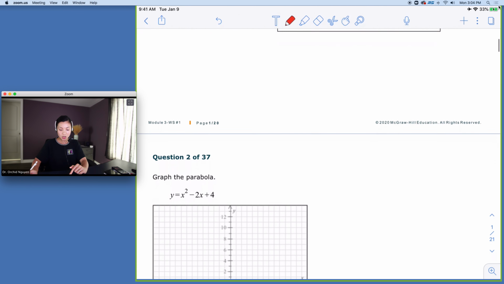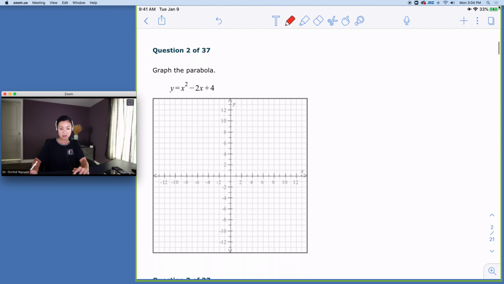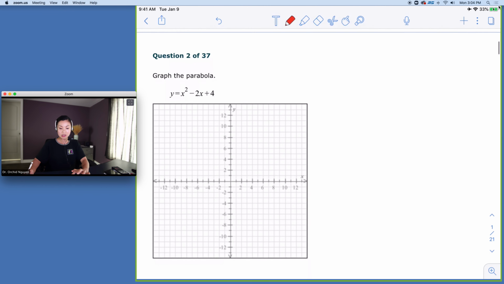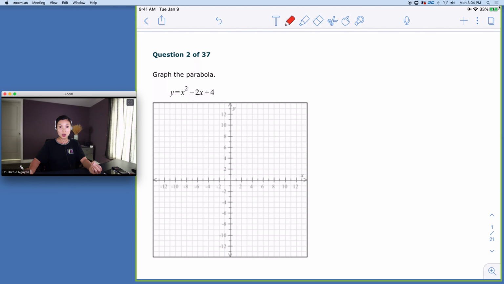All right, moving on to number 2 right here. So graphing the parabola, I understand that we can make a table and plot some points. For a parabola, if you want to use the vertex formula, you can do that. Or if you want to complete the square and rewrite into the standard form, you can do that as well.